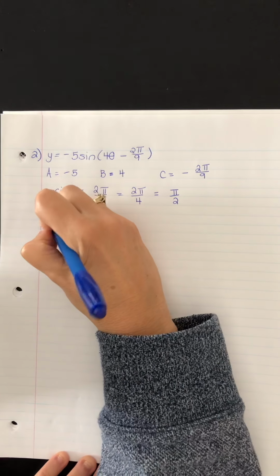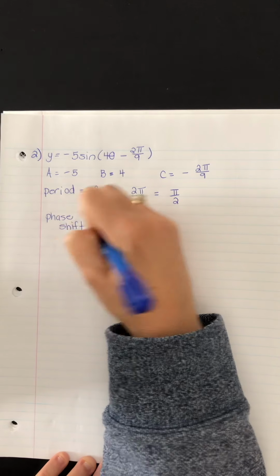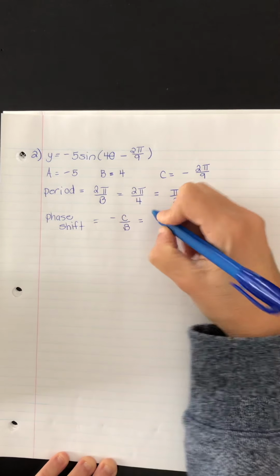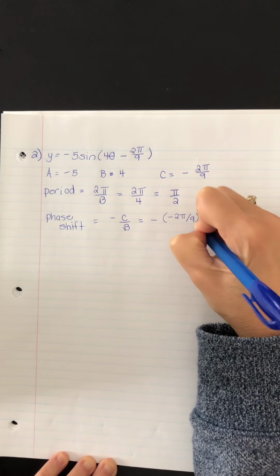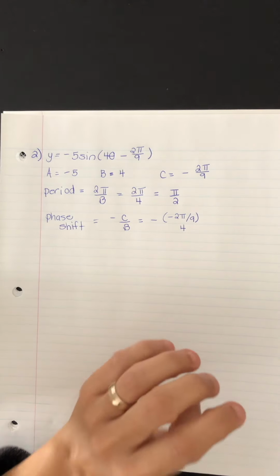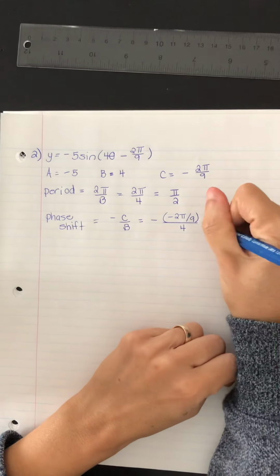Phase shift. Negative C over B. So in this case, it's the negative of negative 2 pi over 9 divided by 4. Certainly we see that this will be positive overall.